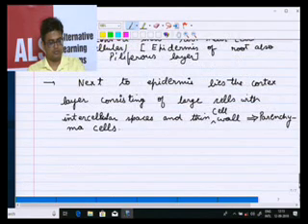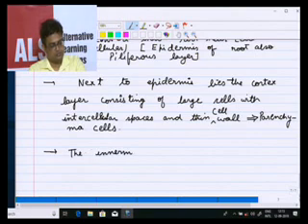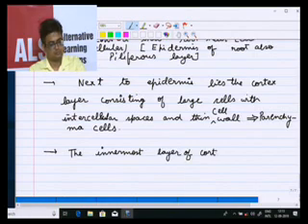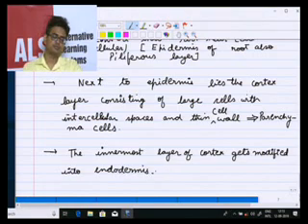Next to the cortex lies the endodermis. So you can say the innermost layer of cortex gets modified into endodermal cells, endodermis or endodermal cells.